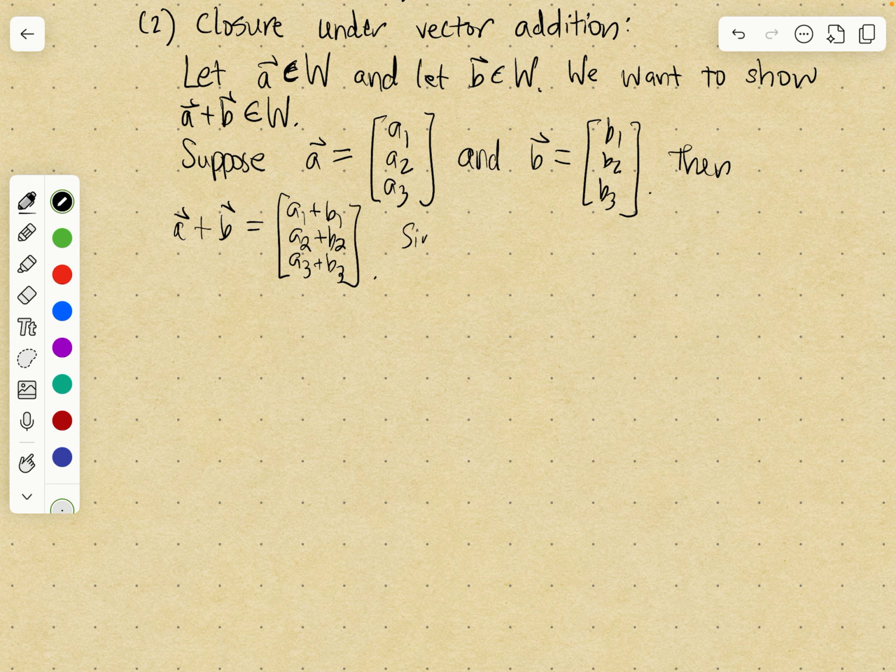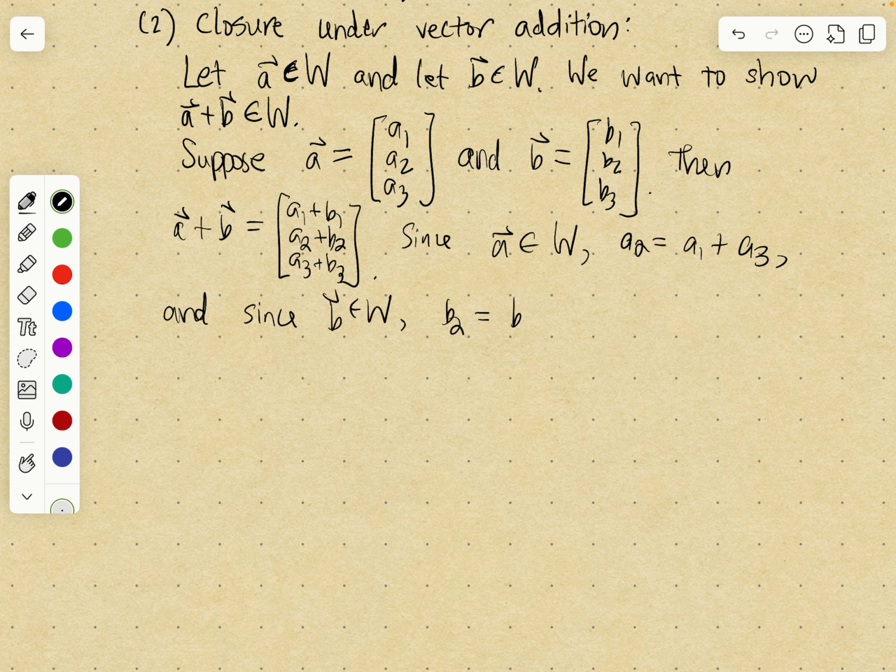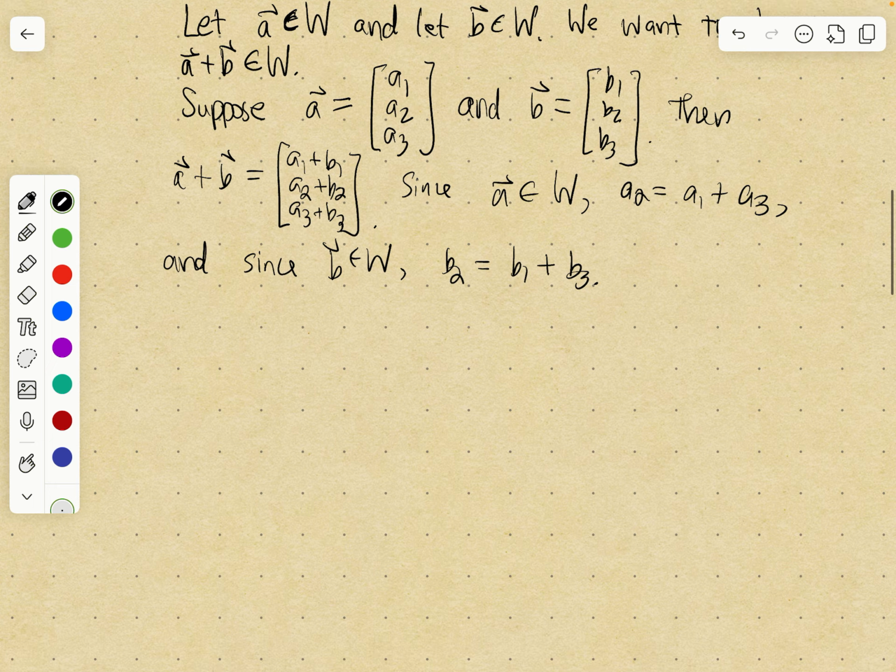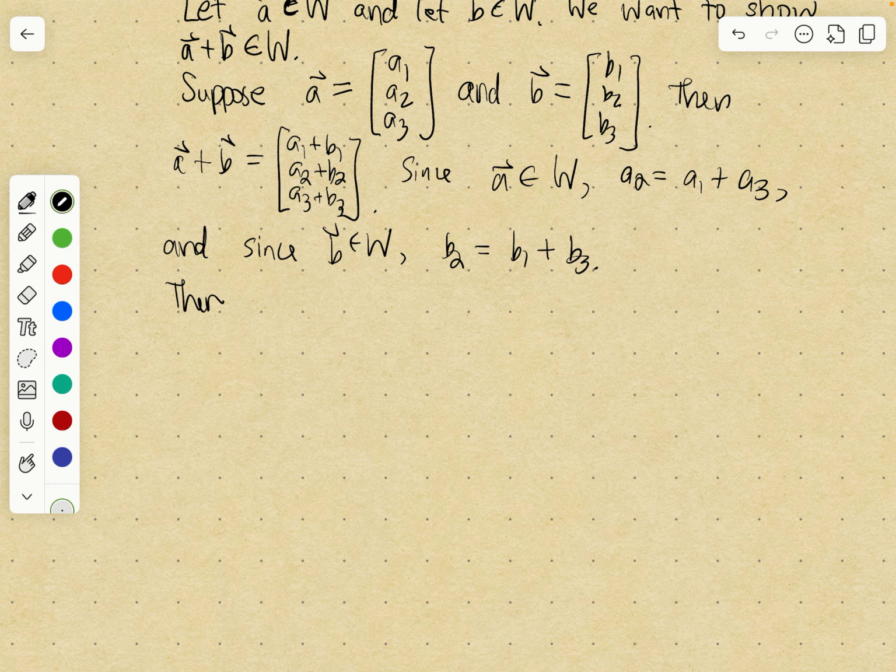And since A is in W, we have A2 is A1 plus A3. And since B is in W, we have B2 is B1 plus B3. So therefore, what are we trying to show?